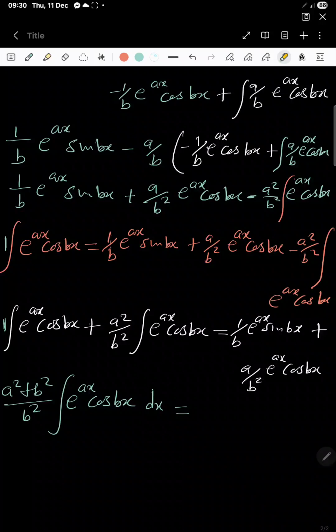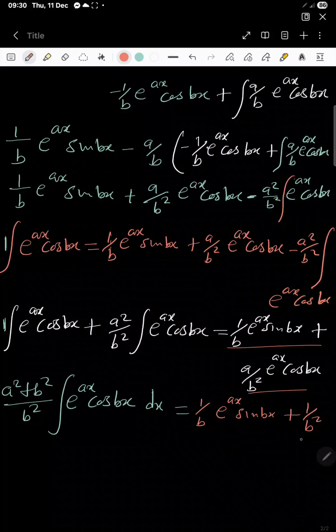We can write it as 1 over b e to power ax sine bx, plus 1 over b squared e to power ax cos bx, like that.